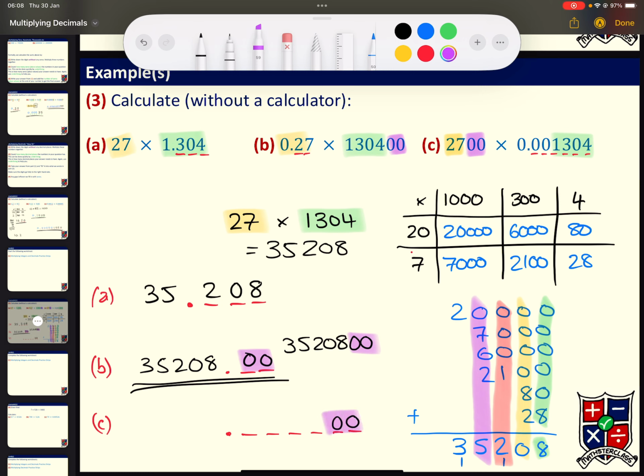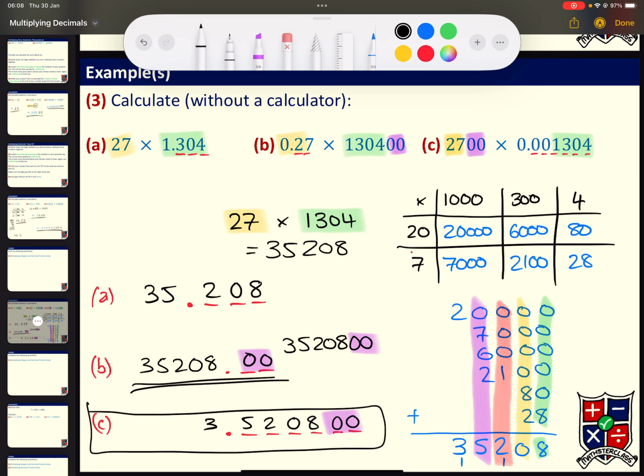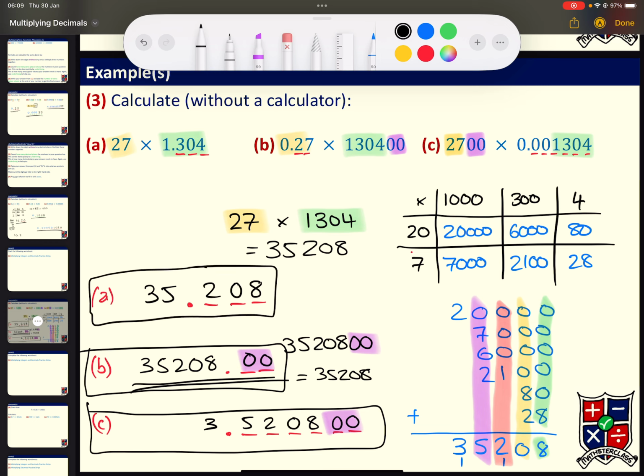We then have our 8, 0, 2, 5, and 3, giving us 3.5208. So this is our answer for C. This is our answer for B, which, because of the fact that it's a 0.00, I could just write as 35,208. And for A, we have our answer of 35.208.